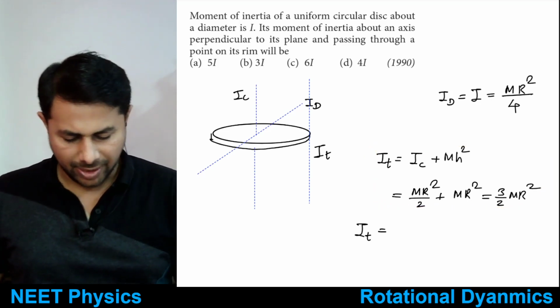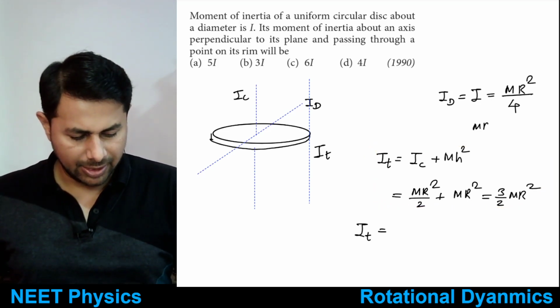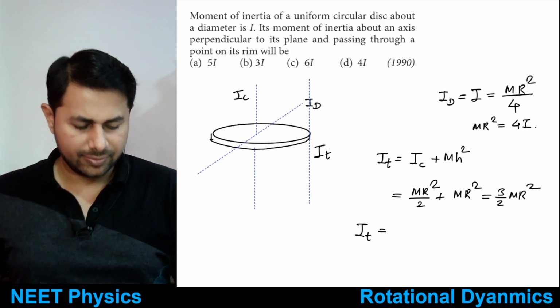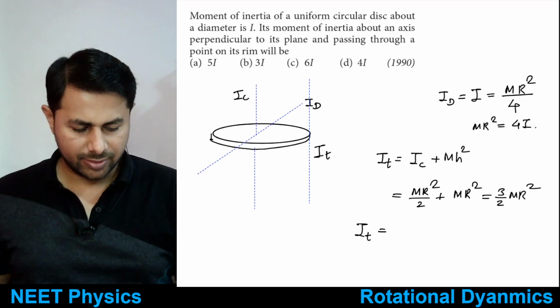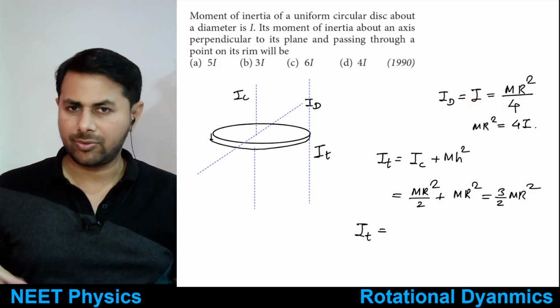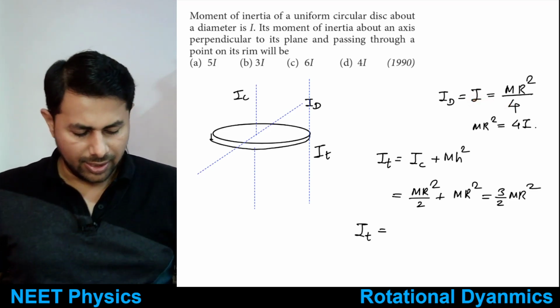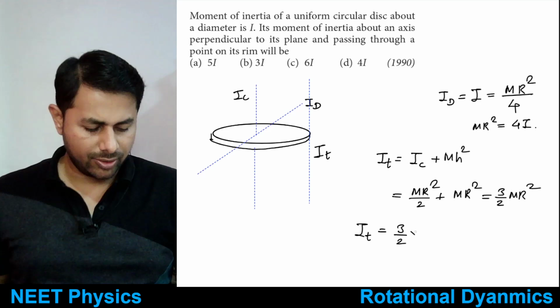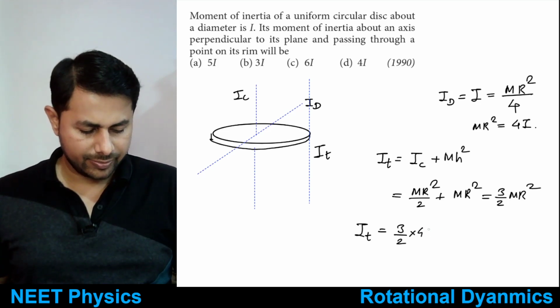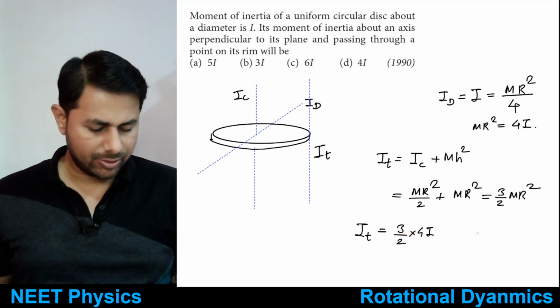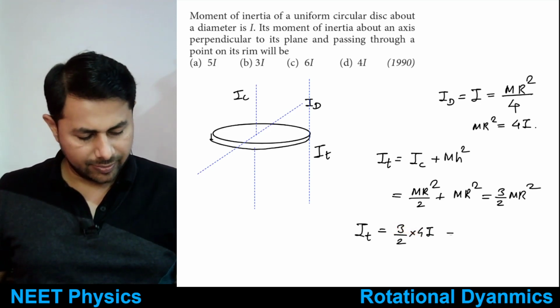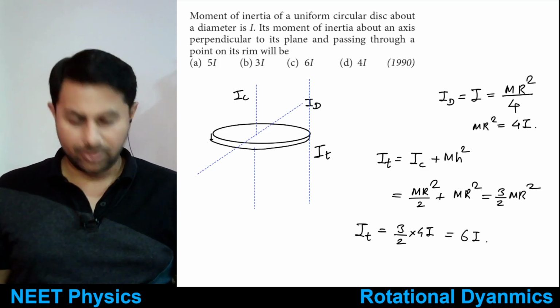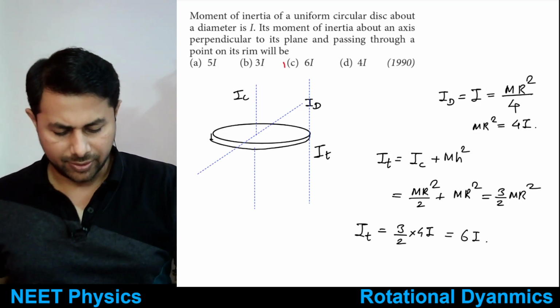You can say mr square is equal to 4I, just take that 4 on the other side. So I_T is equal to 3 by 2 mr square, means 3 by 2 times 4I. 3 times 4 is 12, 12 by 2 is 6I. Yes, so Yamini told the answer. Very good. So it's option C.